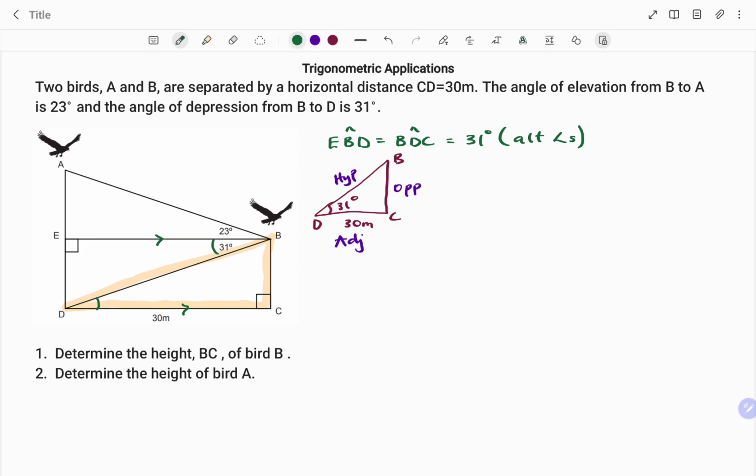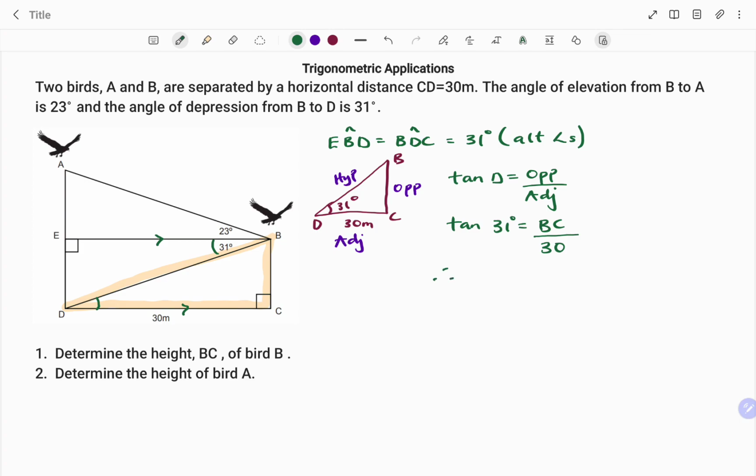So therefore, using the trig ratio, that's tan, I have tan of angle at D equals opposite over adjacent. Therefore, tan of the angle 31 degrees equals my opposite, BC, which is the height of the bird B, over my adjacent 30 meters.